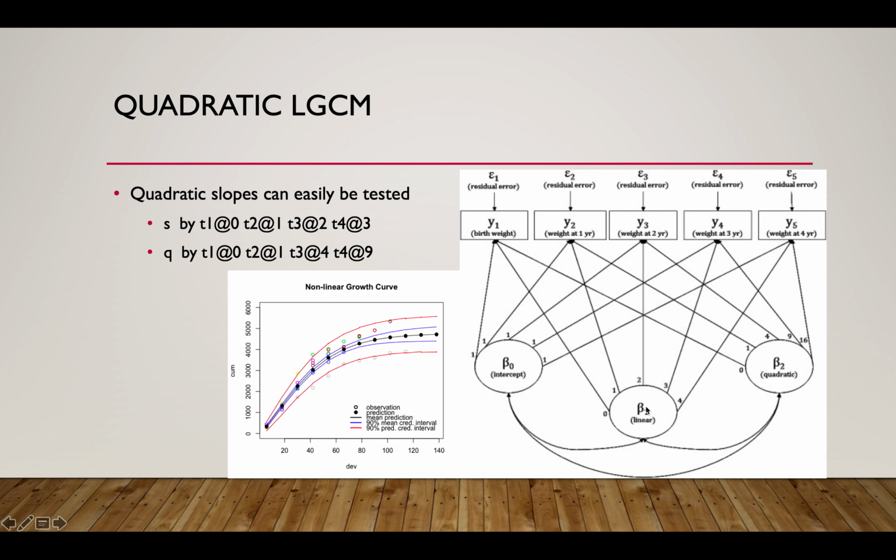And in the same way that we would actually make a quadratic effect in regression, we're just squaring each one of these. So we have 0, 1, 4, which is 2 squared, 9, which is 3 squared, 16, which is 4 squared, and that allows us to look at changes or quadratic effects across time. We will do one of these in class, so you guys will be able to see a quadratic effect.